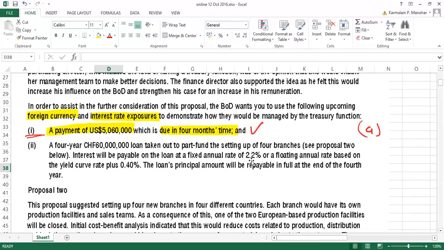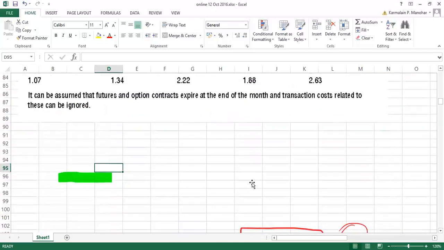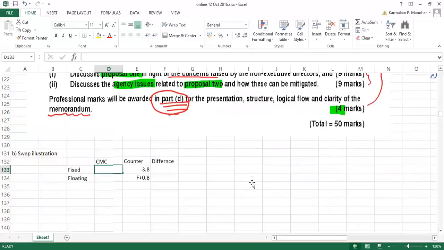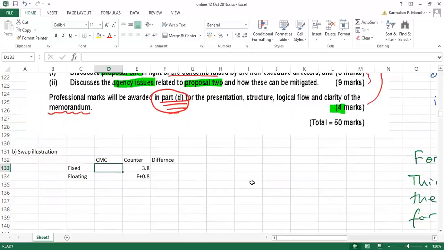Floating is based on the floating rate yield curve plus 0.4. So 2.2 and 0.4. Recording in our little working: fixed is 2.2, floating plus 0.4.